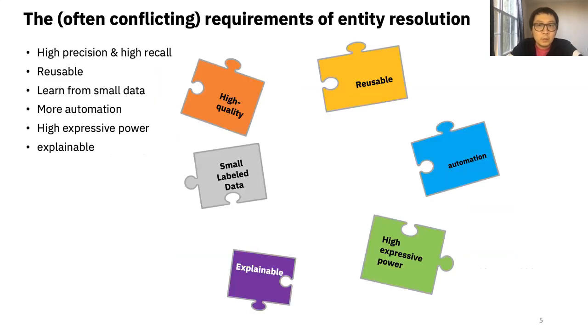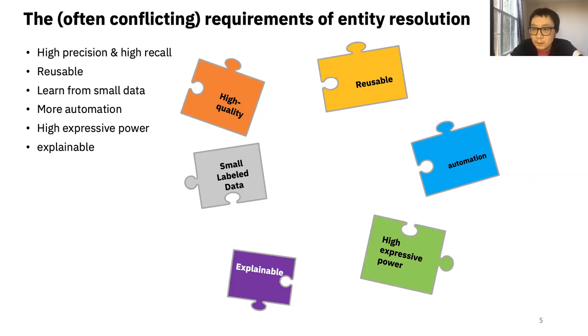Okay, so when we design entity resolution algorithms, there are several requirements for good entity resolution algorithms. And oftentimes, these requirements conflict with each other. Concretely, the model should achieve high precision and high recall. We also want to make sure that the model is reusable, because training such a model can be very expensive.